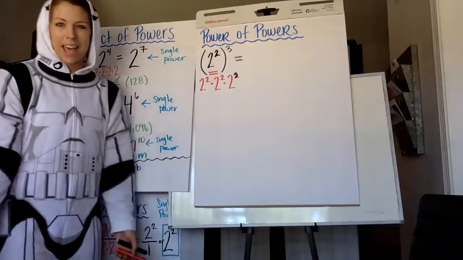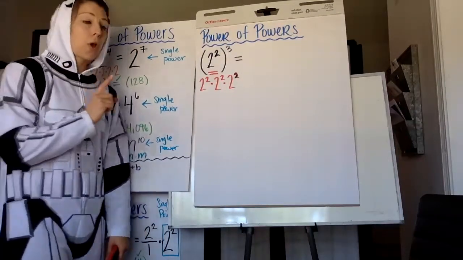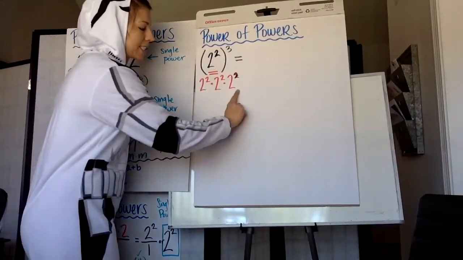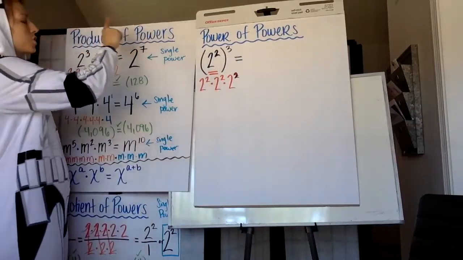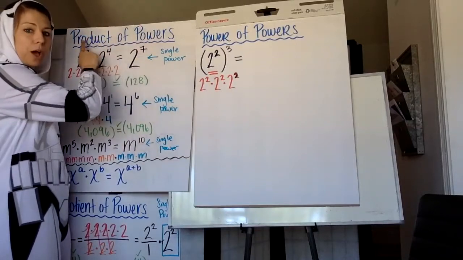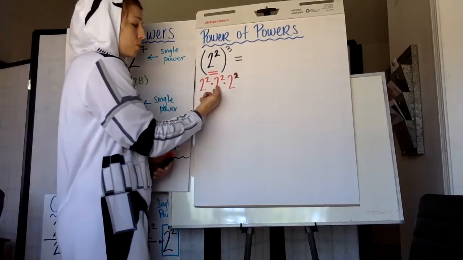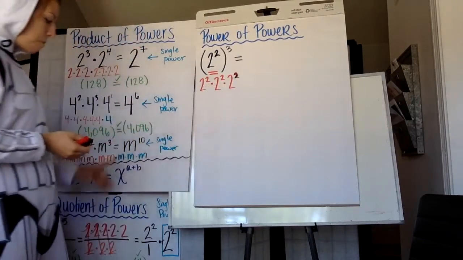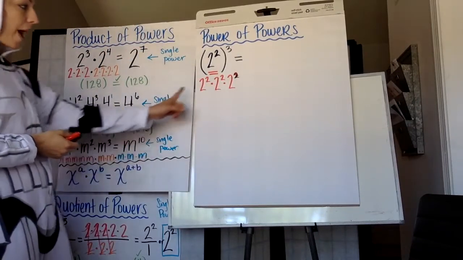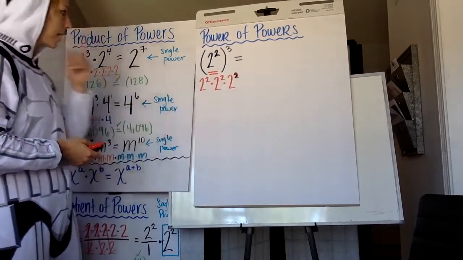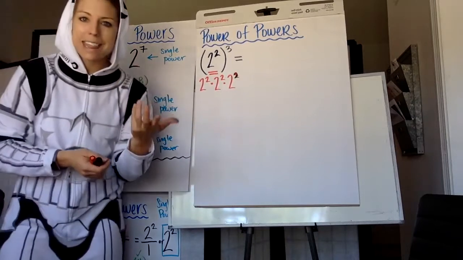Well, how do we write that as a single power? Remember, what we've really done here is we've taken a power and we've written it as a product, which means we can use this property to simplify it. I have 2 squared times 2 squared times 2 squared. Remember, when you have a product of powers and they all have the same base, what can I do with these exponents? I can add them up.